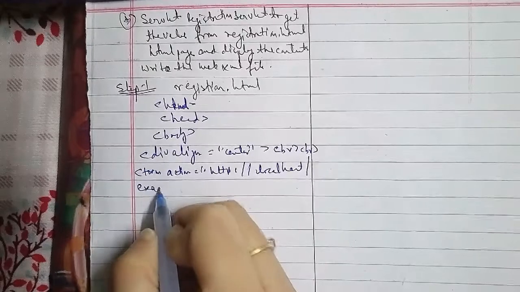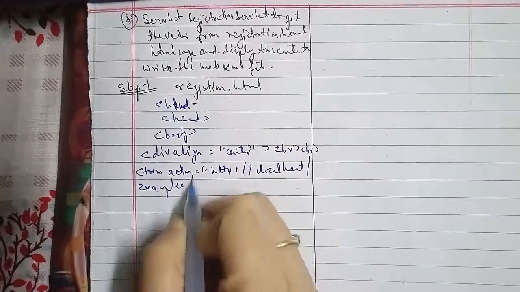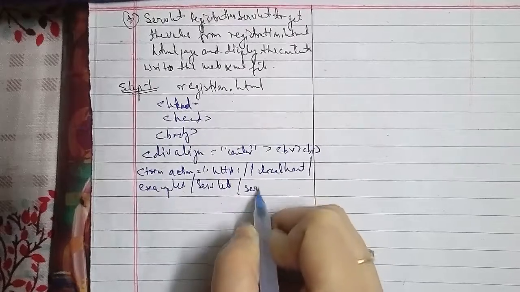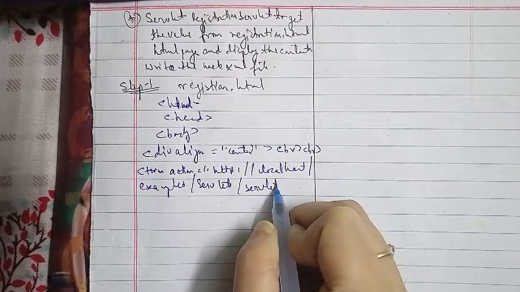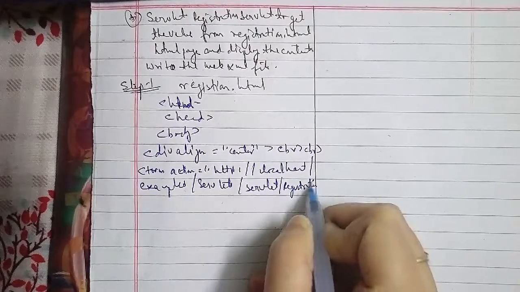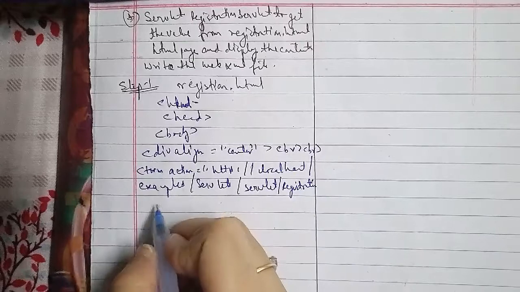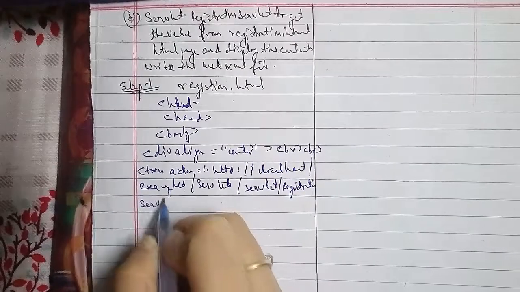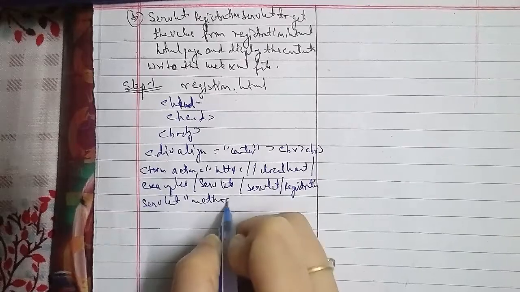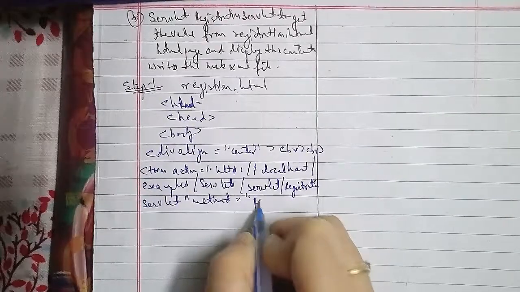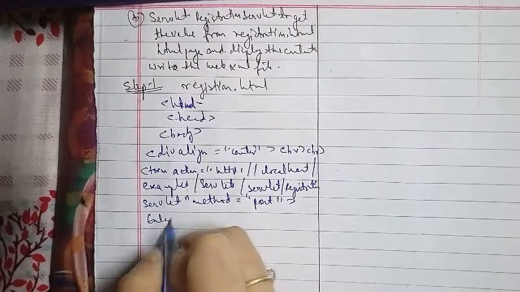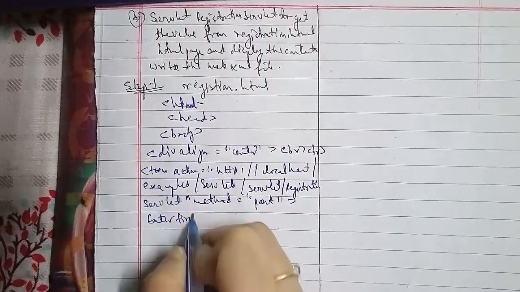Then enter address, that is input type equals to text, value equals to, name equals to address, that is size equals to 30. Then BR tag as well as close.